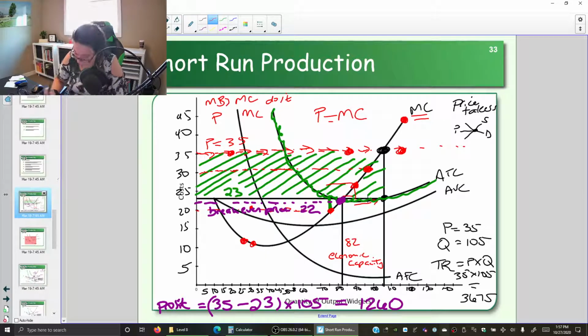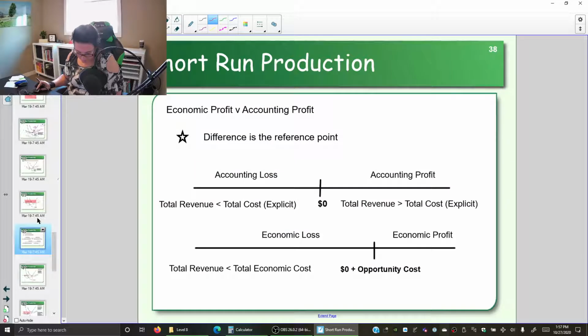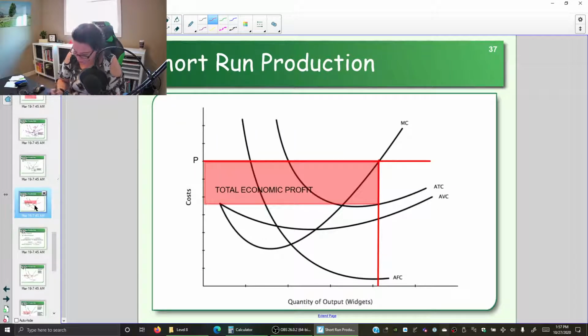We can see that we're making profit. So the break-even price is the price at which we break even, that we're not making profit. And we want to define this a little bit better. So you can see here's that economic profit, and here is that break-even price.